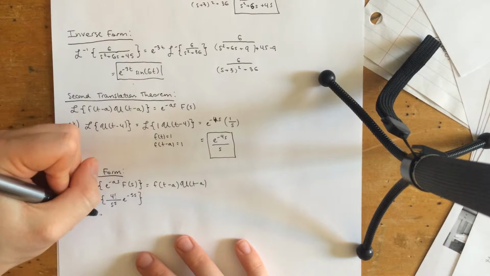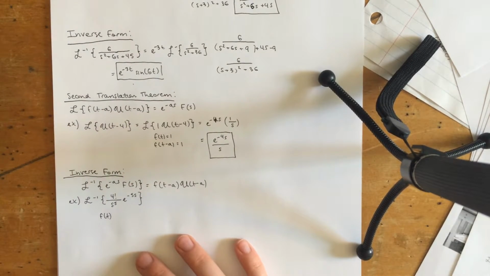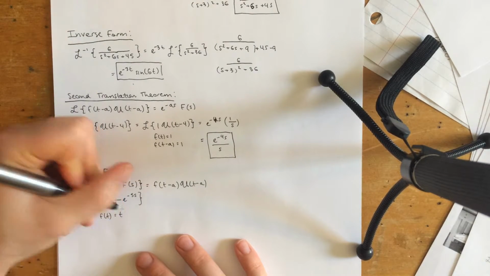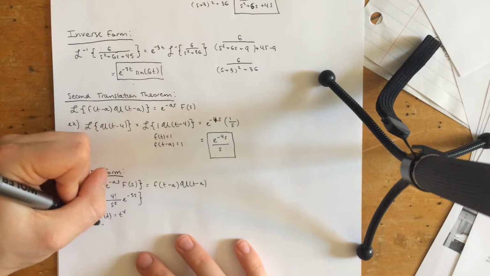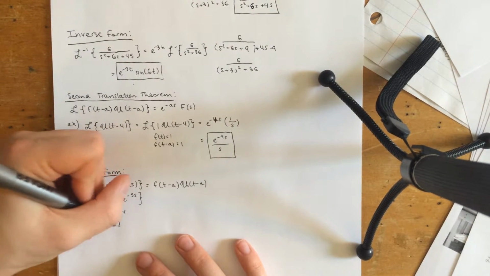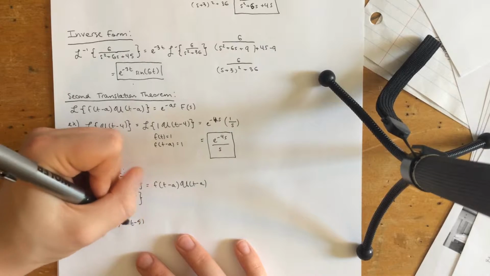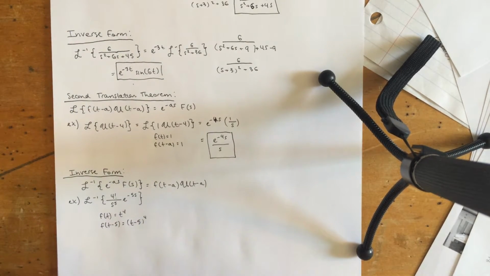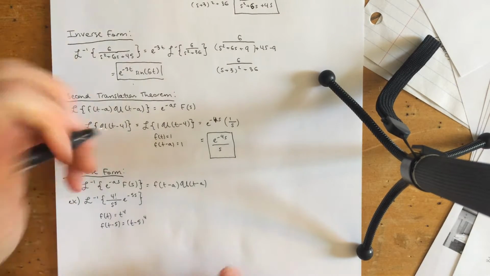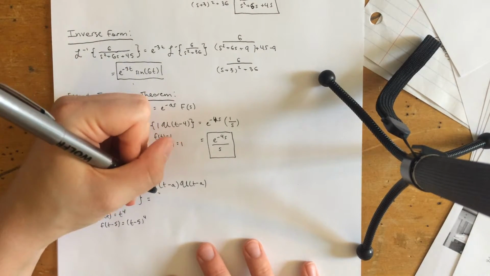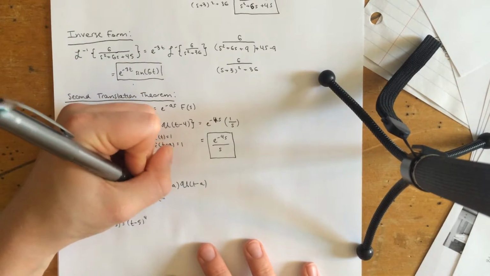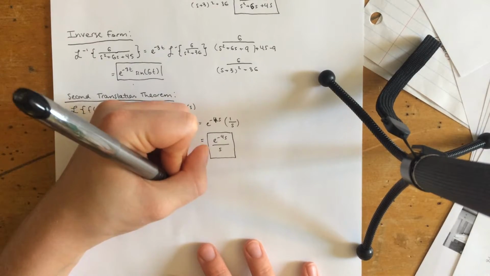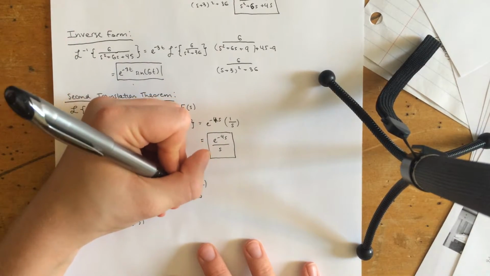We know that the inverse Laplace of 4 factorial over s to the 5 gives t to the 4th. So f of t minus 5 equals t minus 5 quantity raised to the 4th. And that gives us our final solution: t minus 5 raised to the 4th, u of t minus 5.